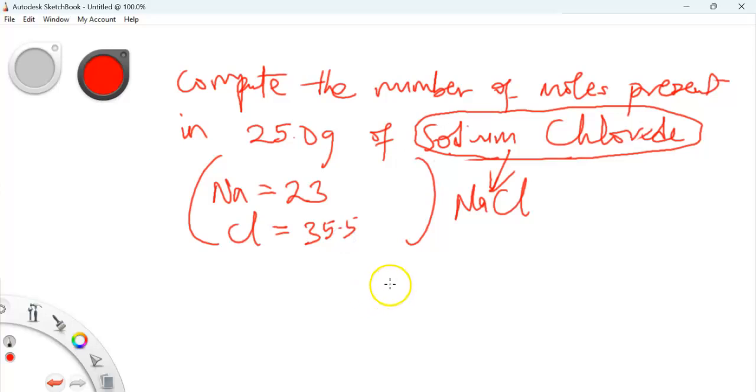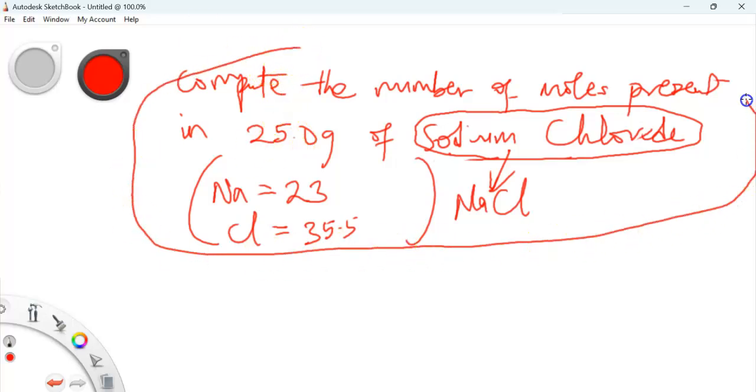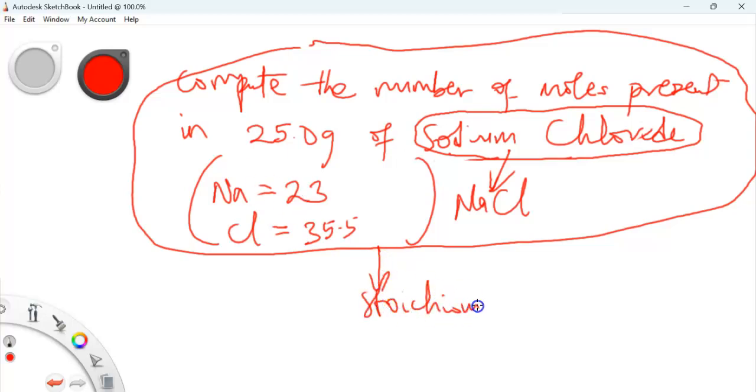What are you going to do in such a case? First of all, ask yourself about this particular question: is it a stoichiometry of composition or that of reaction? Once you know that something is a stoichiometry of composition, the next thing is asking yourself which formula you are going to use to solve it.